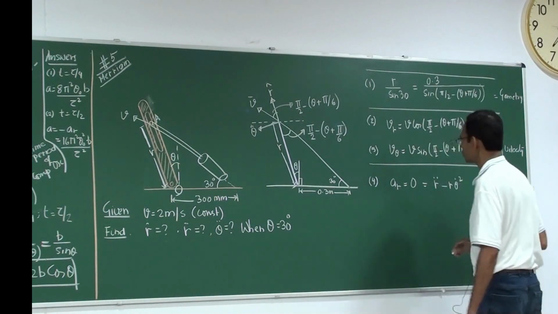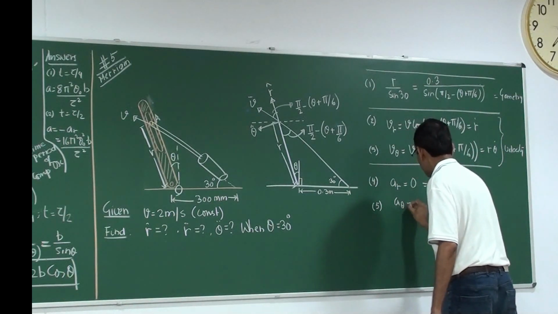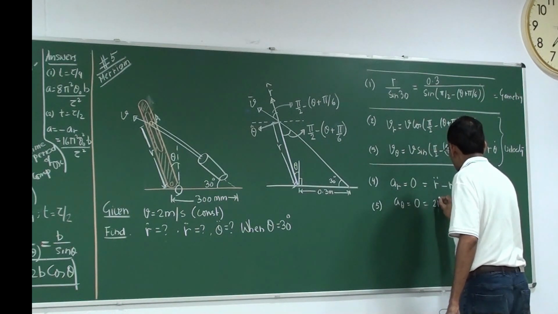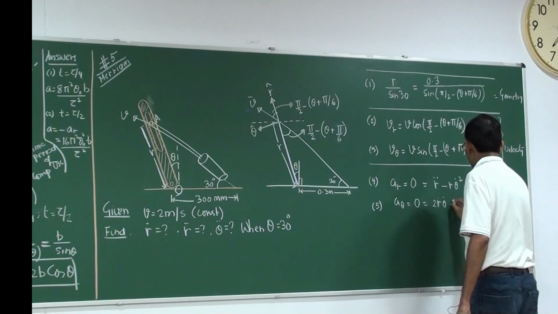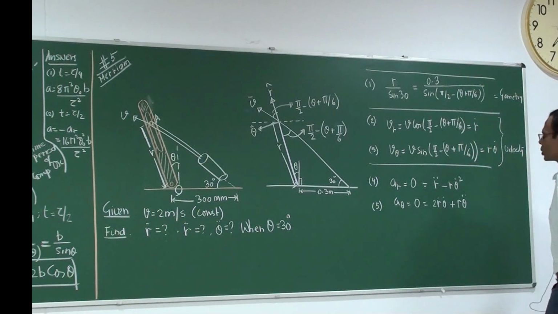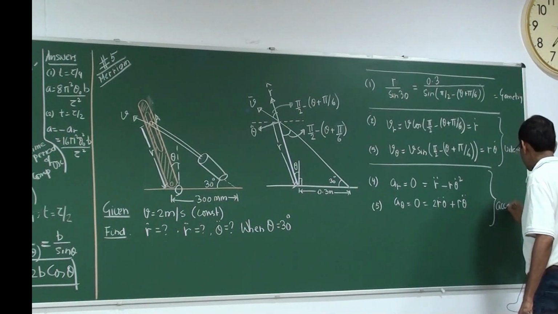That is 0. And 5th is basically A theta is equal to 0. That is your 2 R dot theta dot plus R theta double dot. So these are the 5. These are from the acceleration actually.